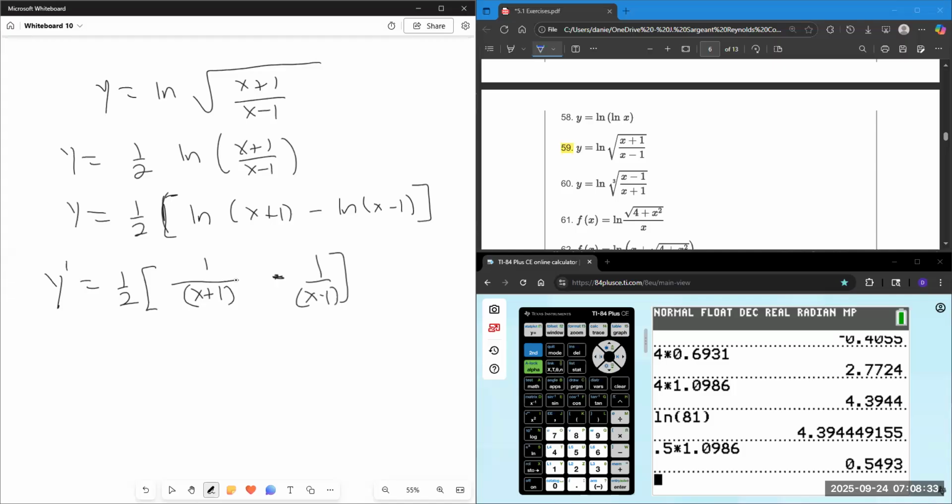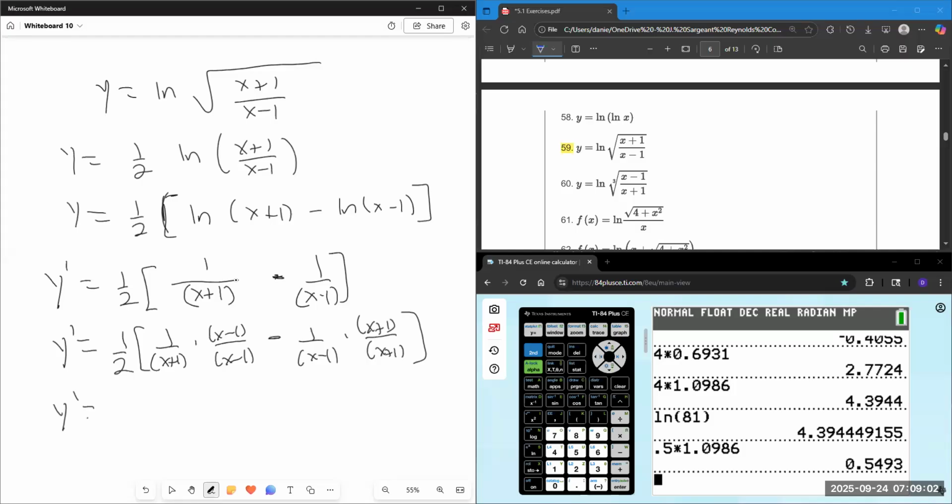Derivative of this piece is 1, derivative of this piece is 1. So when we make a common denominator, we need to multiply the first fraction by x minus 1 over x minus 1, and the second fraction by x plus 1 over x plus 1.